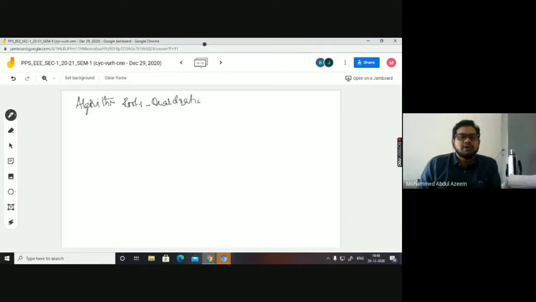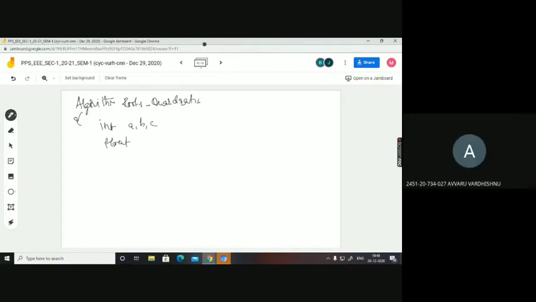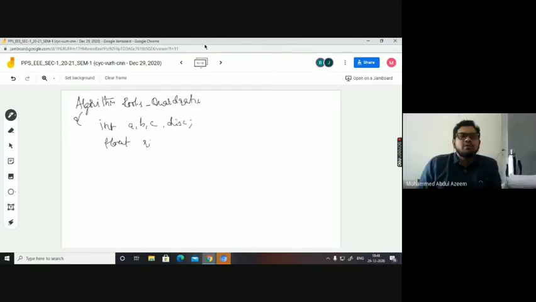Then you say begin here. What are the variables to be declared? Int A, B, C, and then float R1, R2, and D. Float to hold root R1 and R2, right?